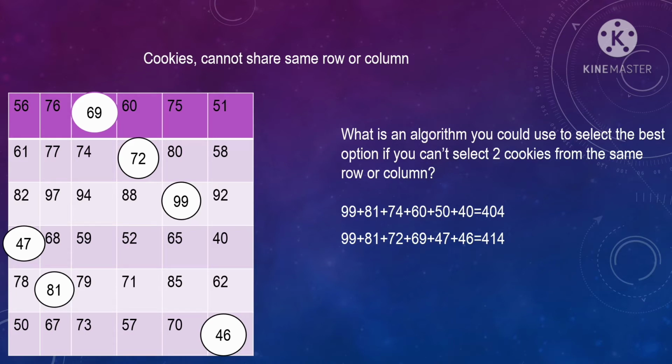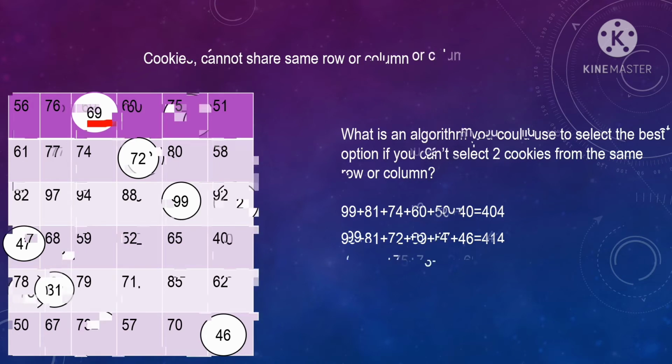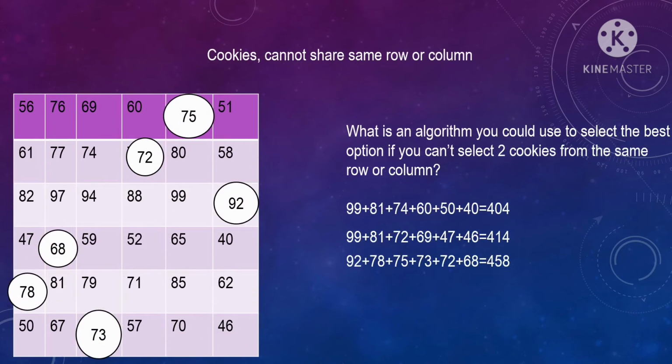The 60 will change into 69. What is an algorithm you could use to select the best option if you can select two cookies from the same row or column? 92 plus 78 plus 75 plus 73 plus 72 plus 68 equals 458.